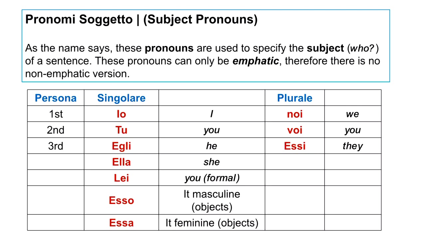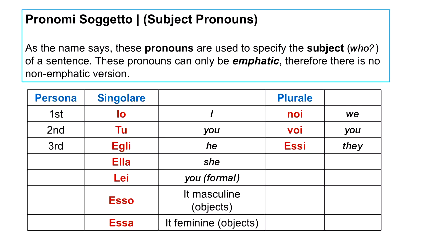Let me explain to you what I mean. Io is the first person singular, prima persona singolare. It's io. Tu, which is the equivalent to you, okay, singular, second person.